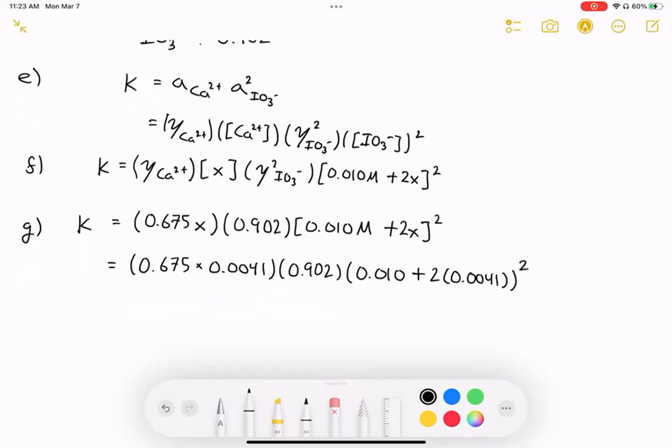Okay, and then square that whole parentheses there. So let's simplify a few things and solve for the KSP, and then we will be done.